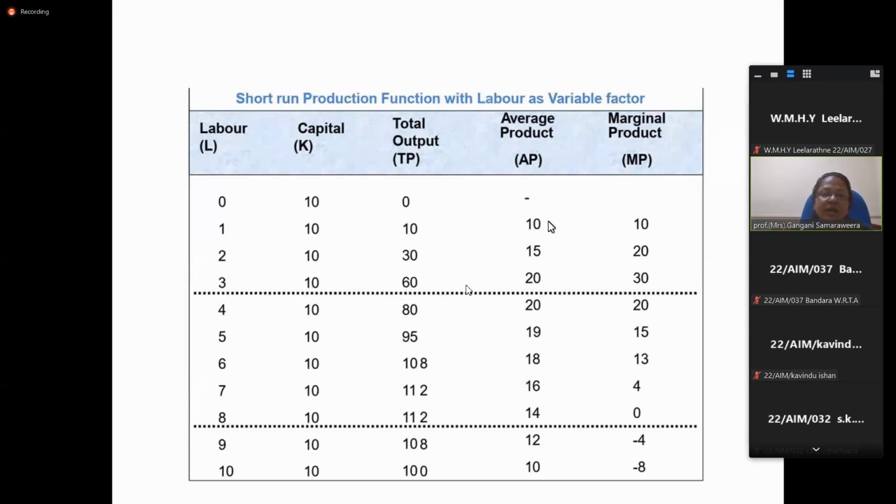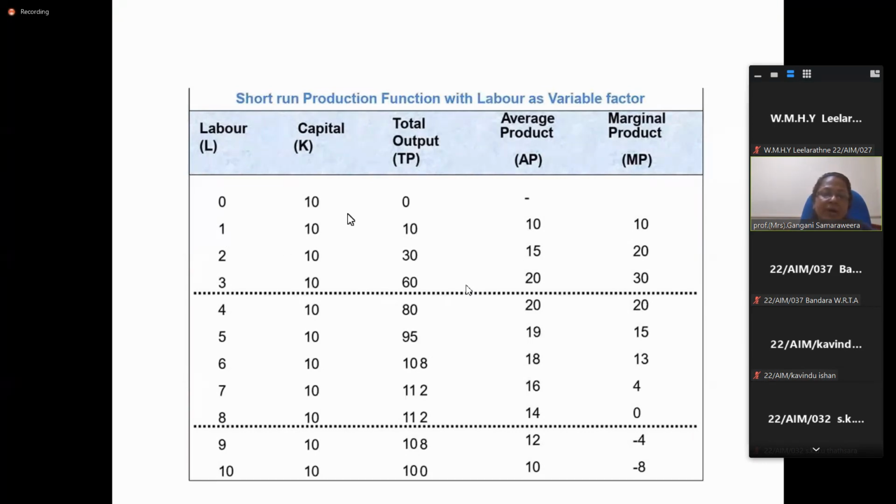Average product is very easy to calculate: total output divided by number of units. Here you have to forget the capital because it is not changing with the level of output. So our job is with labor and TP, total product or total output. You can use any word, TO, TP or anything, but you have to write what it is.